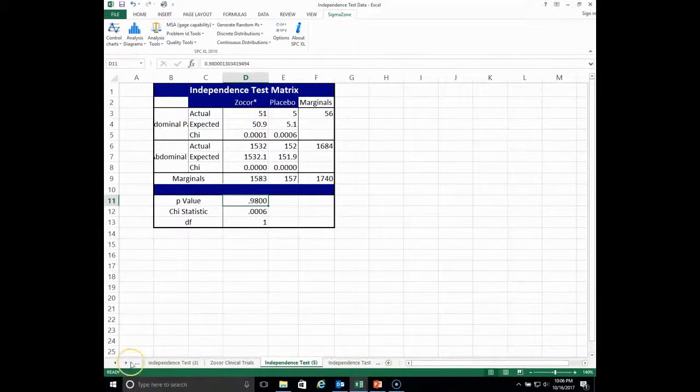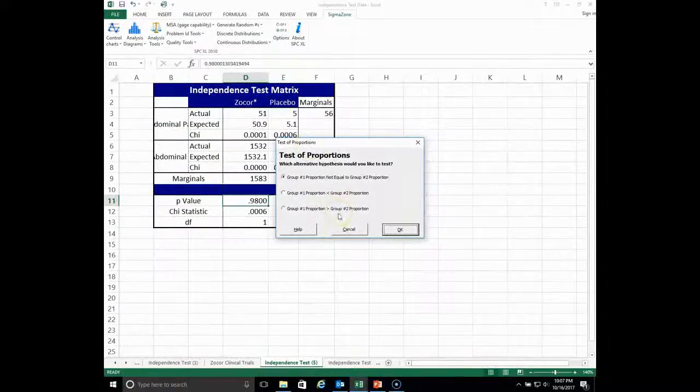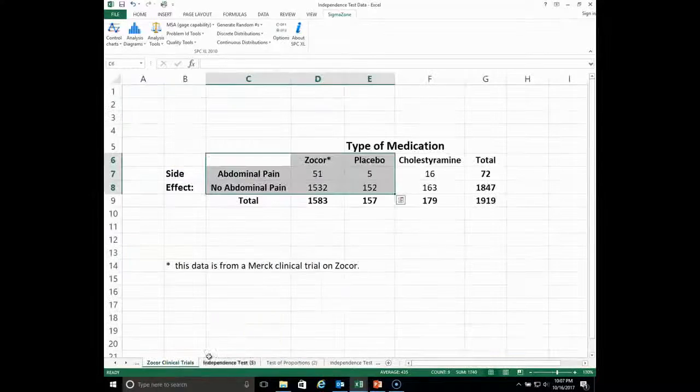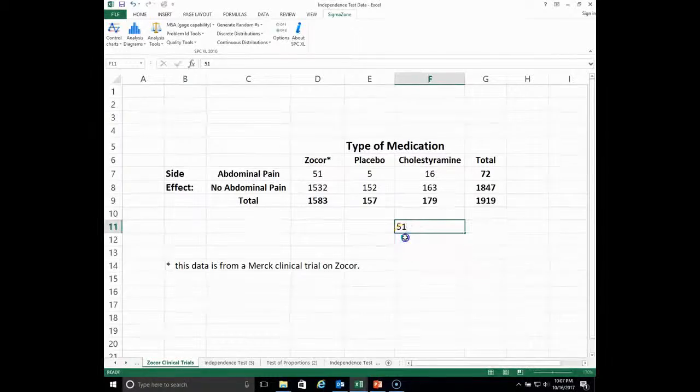Now, what is a test of proportions? If you remember, if we go up here and we go to a test of proportions, we will see that we have to put in 4 numbers. Well, what are those 4 numbers here? Okay, if we go to our Zocor and placebo, it's going to be a 51, which is the number having abdominal pain from Zocor over a total of 1583.